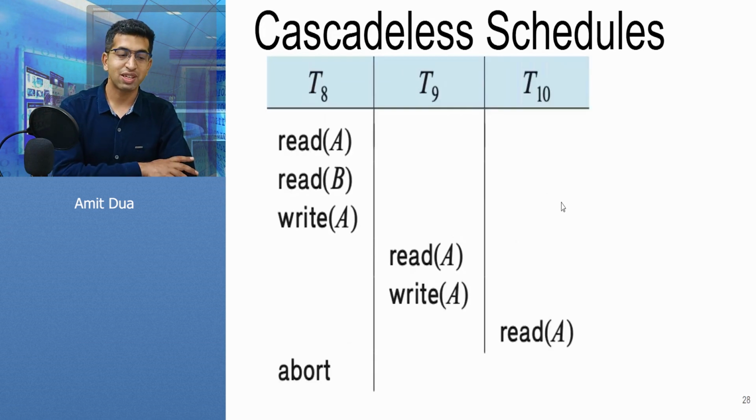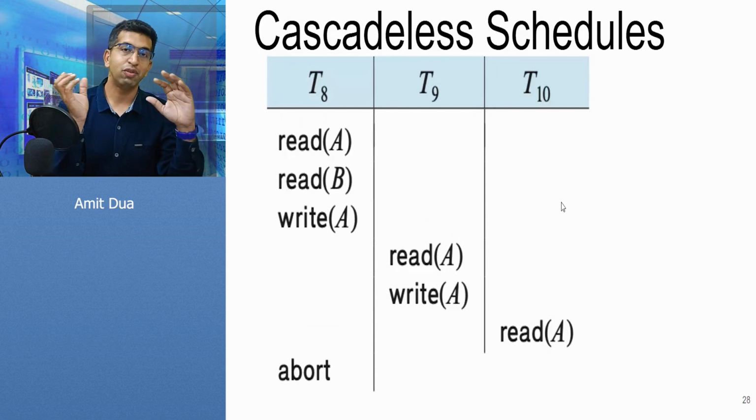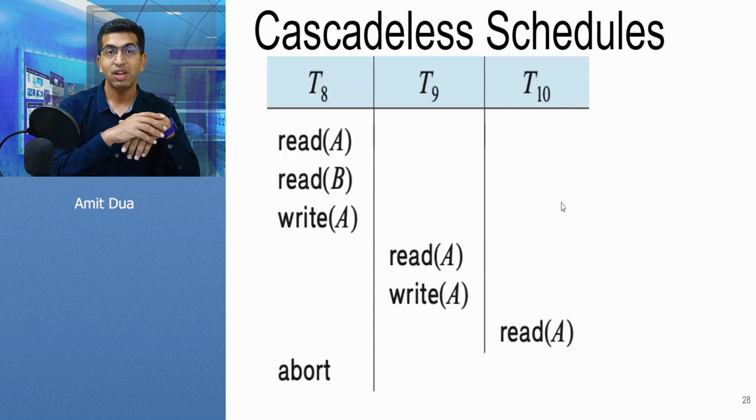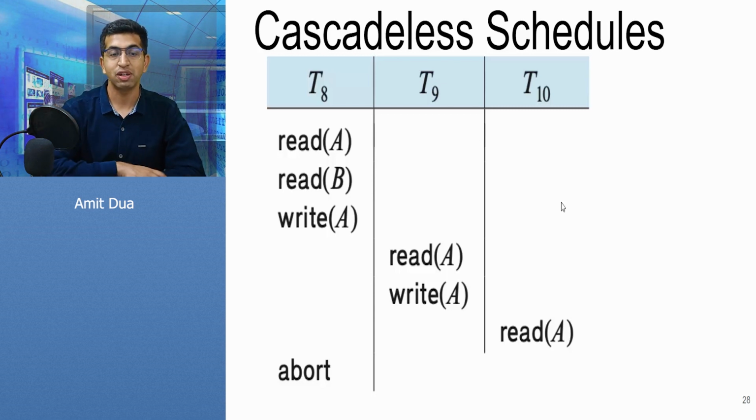Okay, what about cascadeless schedules? It may be possible that we are following the ACID properties, and the schedule is serializable, but the schedule is failing again and again. Failing again and again means there are multiple dirty reads amongst the different transactions in the schedule.